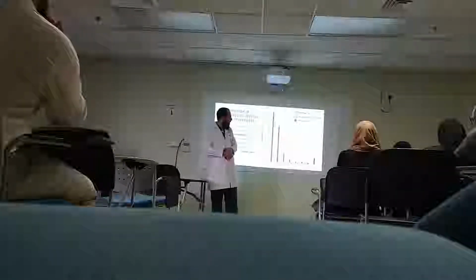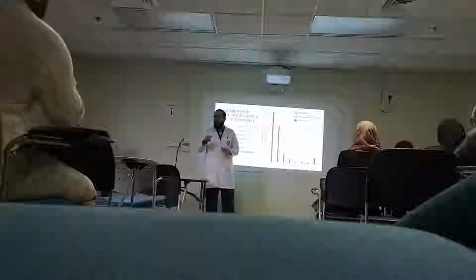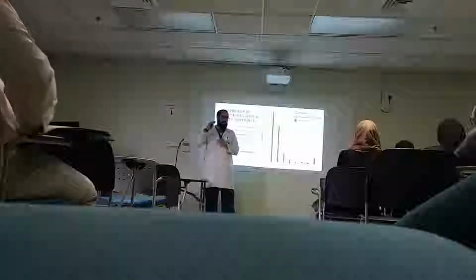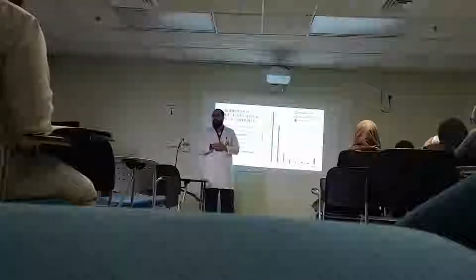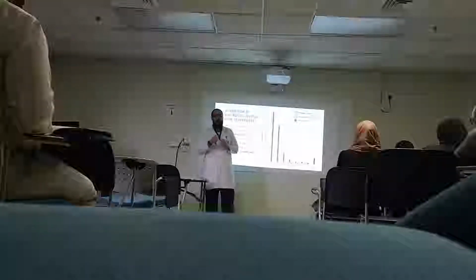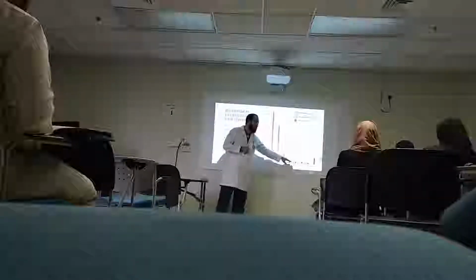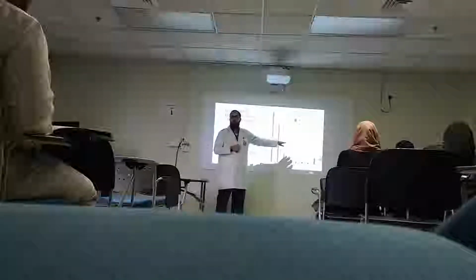Okay? For example, if you have hypokalemia, where our level is 3.5 to 5.5, it will affect the heart. Also, you will have hyperkalemia, it will affect the heart, because these normal levels are not supposed to be equal. They are supposed to be these levels.